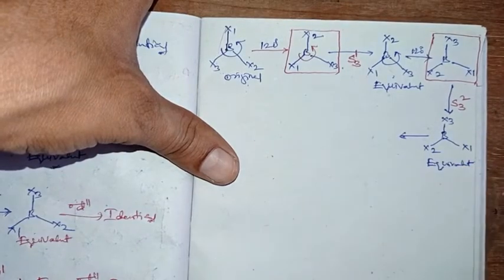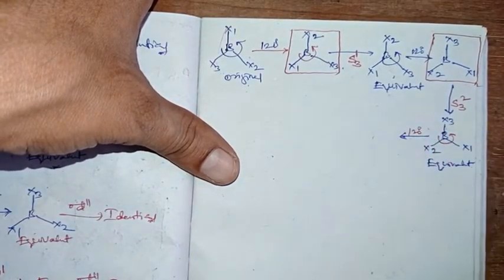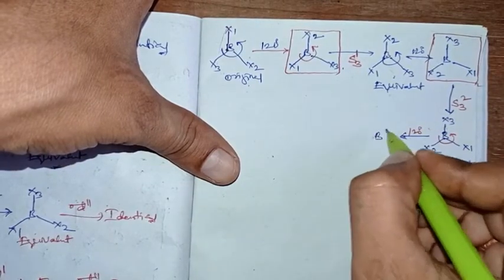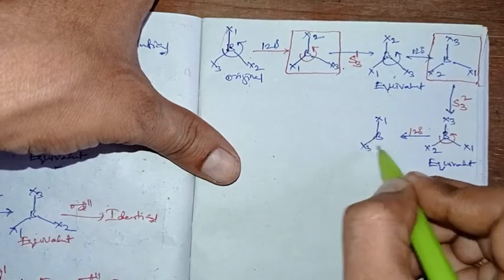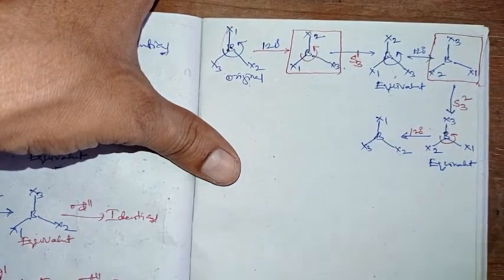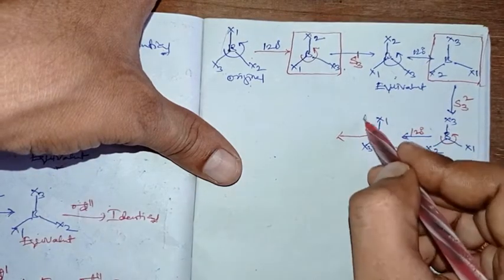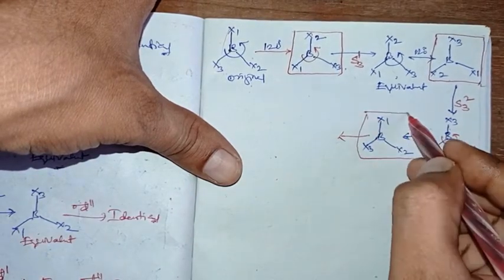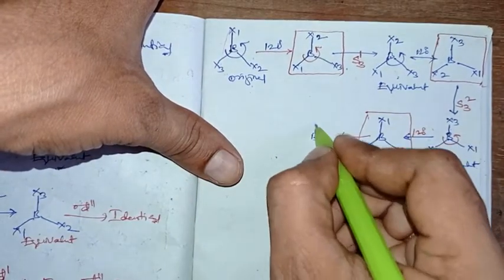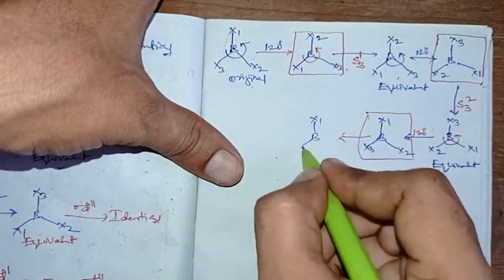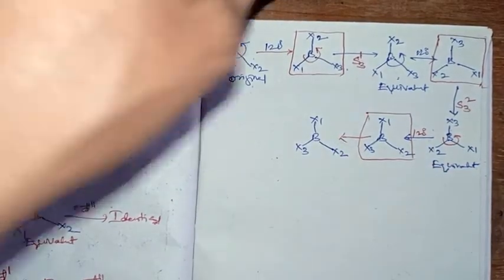Now the third time doing the same 120 degrees of rotation, we get B as x1, x3, x2, and here the plane we have to consider passes through all the atoms, where it generates x1 here, x3 here, x2 here, right?